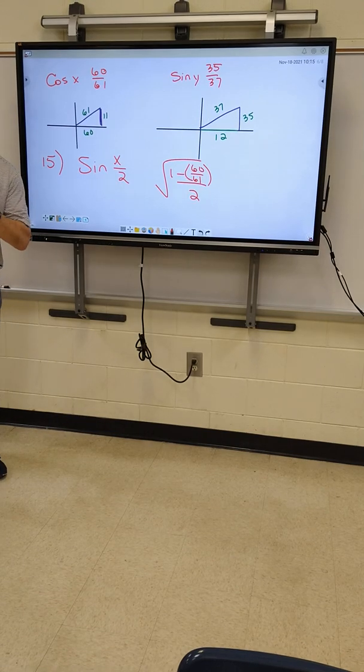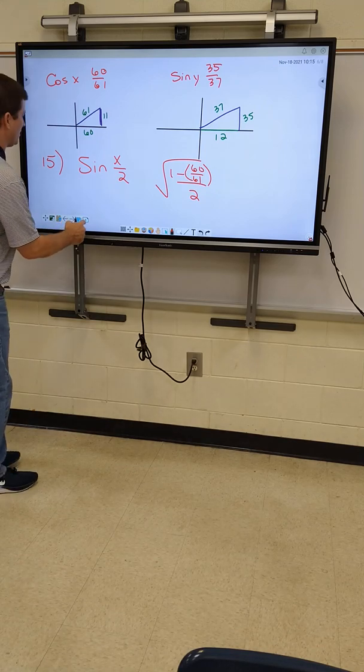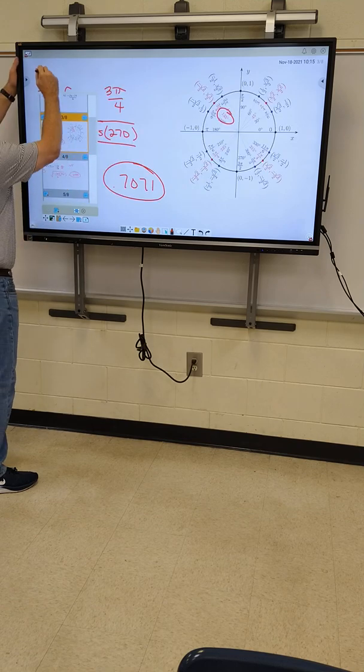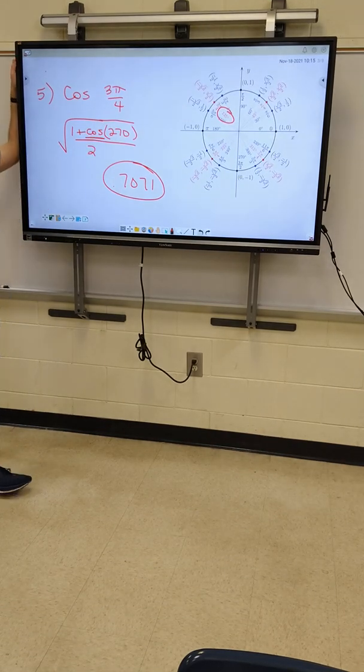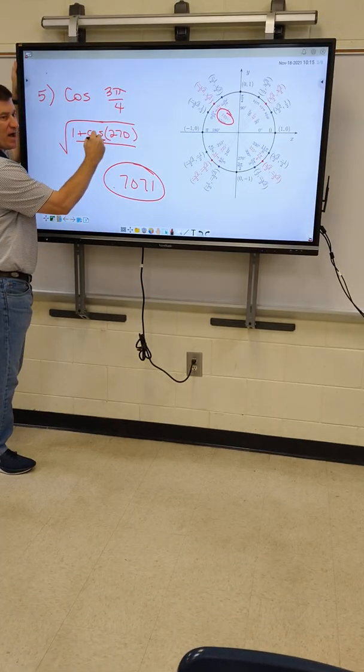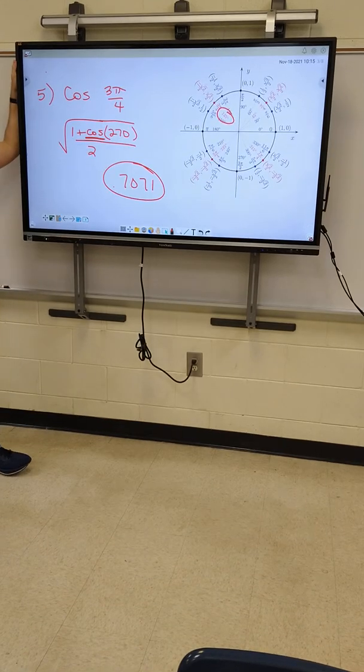All right, but everybody look back at number 5. Flip your paper over. When we did number 5, I had the word cosine left in. So what's the difference? Grant, how do I know I got to leave cosine in on 5 and 6, but on 15 and 16 I put on the fraction?